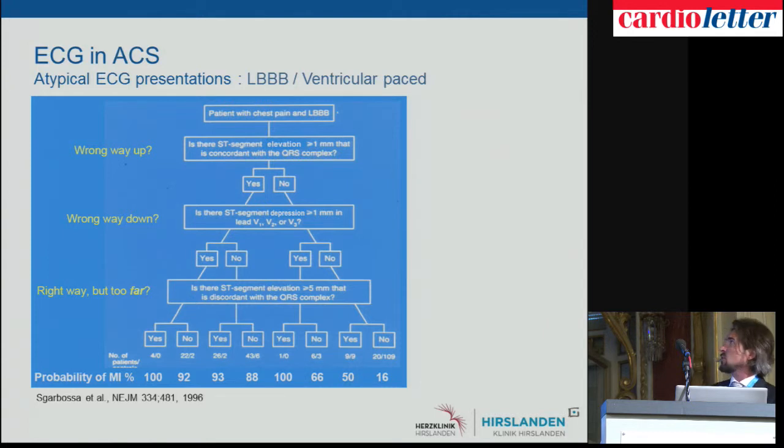For me, quite complicated, but what I usually do is start with the easiest criteria. If the elevations are much too big, let's say more than 5 millimeter ST elevations discordant to the QRS complex, you have in most conditions quite a good probability of MI. And then you can go backwards up there.